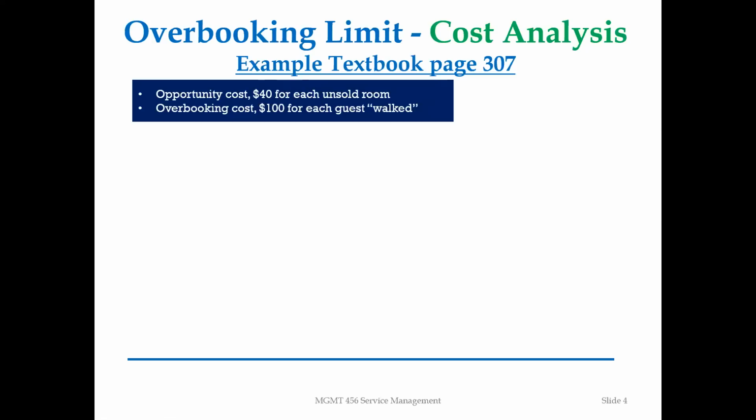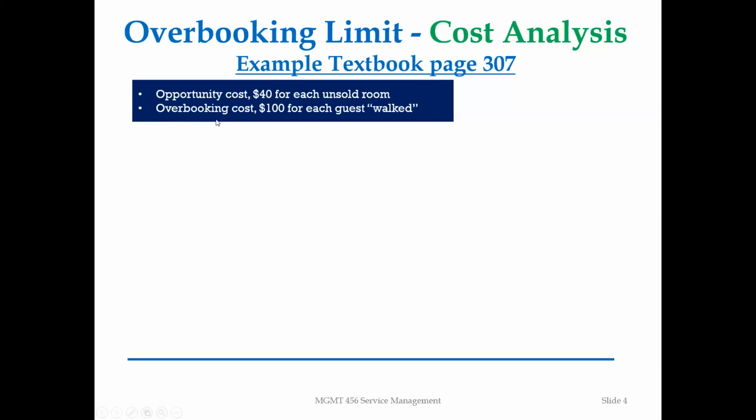On the other hand, if you overbook by too much and everybody shows up, then you don't have enough rooms available for all the customers. Then typically hotels and airlines have to figure out a way to accommodate the customers. For hotels, typically they will walk the customer to a nearby hotel, typically a better hotel, and pay the price difference and also pay some compensation because it causes inconvenience for the customer.